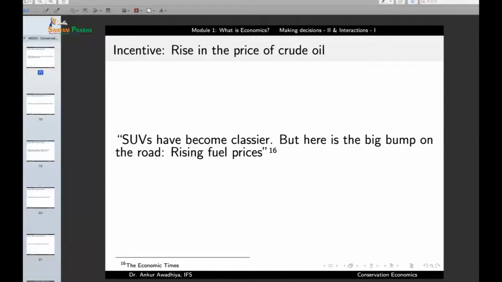And when the cost of petrol and diesel goes up, there is an incentive for people to shift away from these petrol or diesel guzzling vehicles. So here it says that there is a big bump on the road, which is the rising fuel prices. So now people will shift away from these SUVs, which are not that fuel efficient. So this is another activity that has been induced by a rise in the crude oil prices.